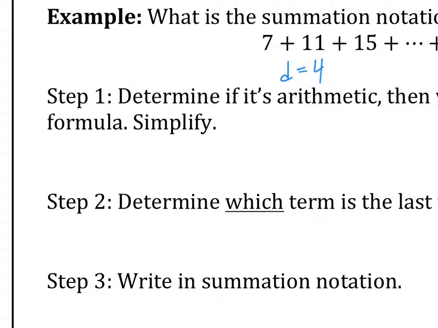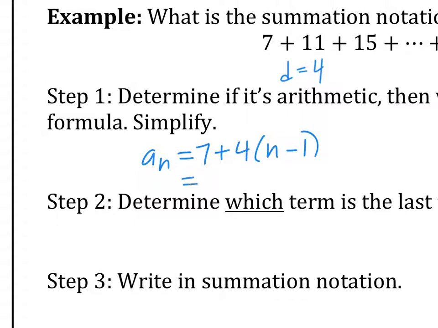If it is arithmetic, write the arithmetic explicit formula. You know how to do this. So write the formula for this. All right, first step, explicit formula. 7 plus 4 times n minus 1. Okay, the next thing you're going to do is actually you want to simplify this whole thing.